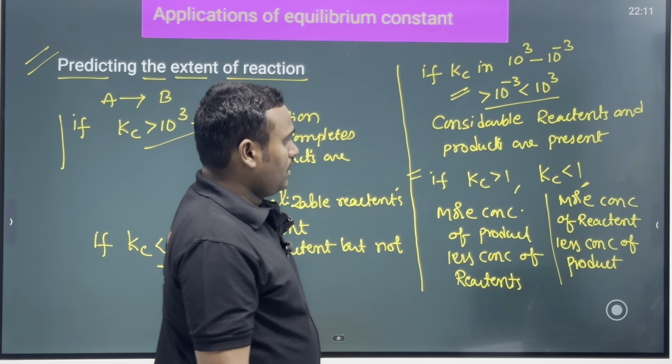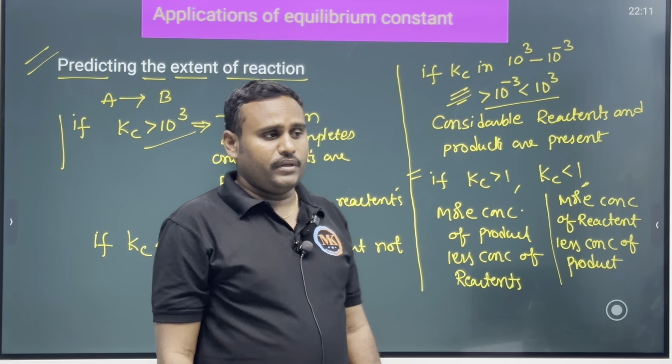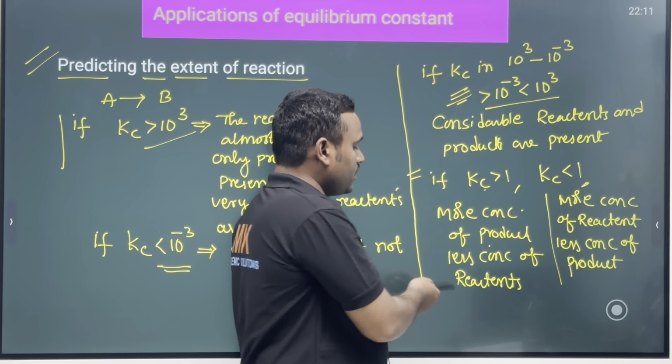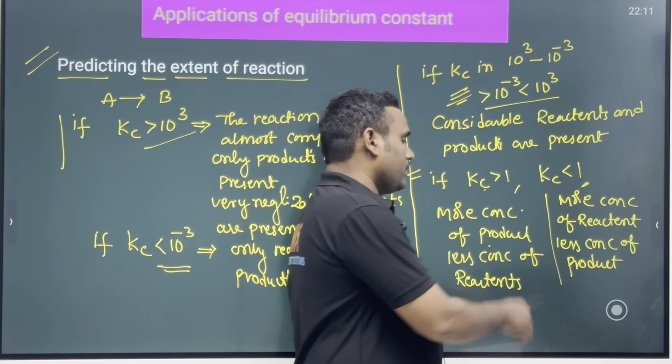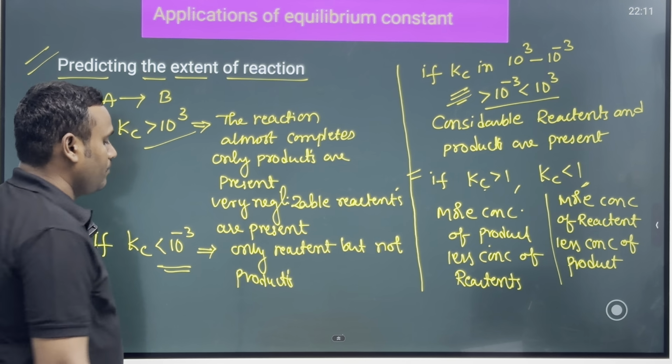If it is in the middle, considerable reactants and products are present. If K is greater than 1, more product, less reactant. If K is less than 1, more reactant, less product.